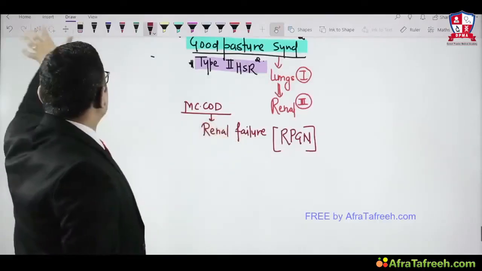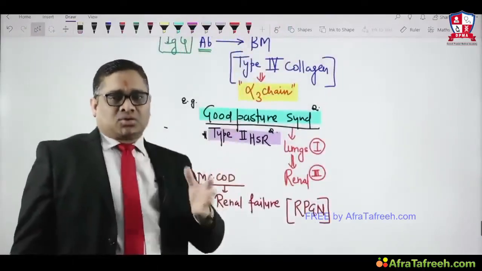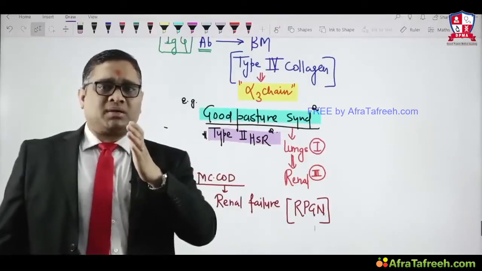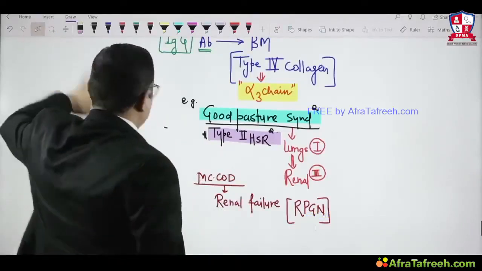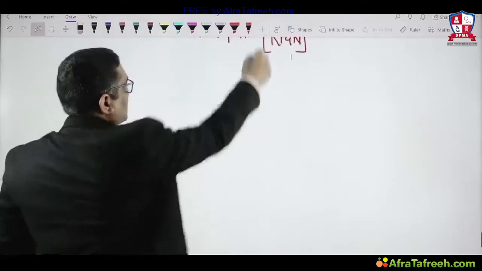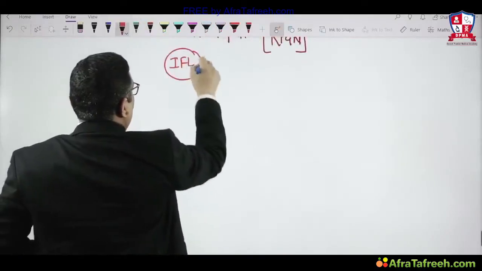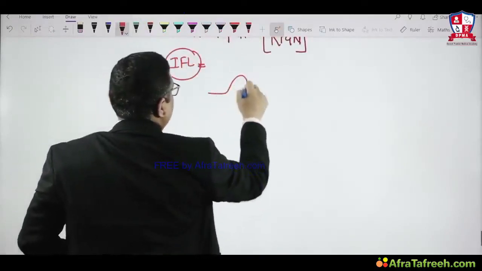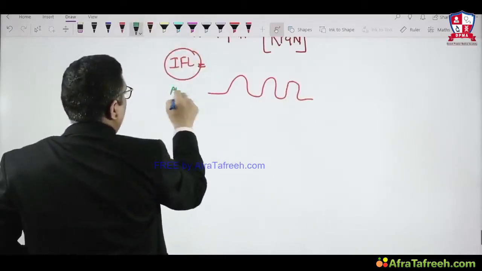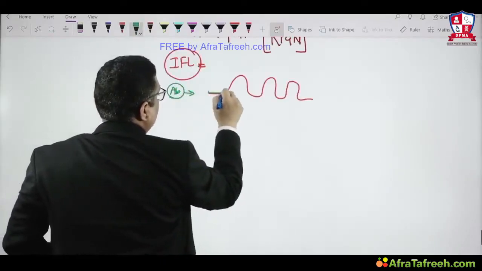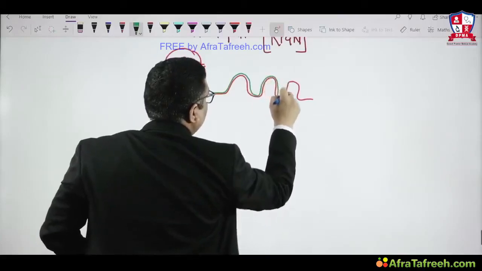So in Goodpasture syndrome, we have seen the pathology was against the type 4 basement membrane; antibodies were directed there. So tell me what you are going to anticipate on immunofluorescence microscopy. Because antibodies are formed against the basement membrane, and the basement membrane will be like this, whenever you see the immunofluorescence, it will be green in color, and it will follow the basement membrane like a ribbon, right?